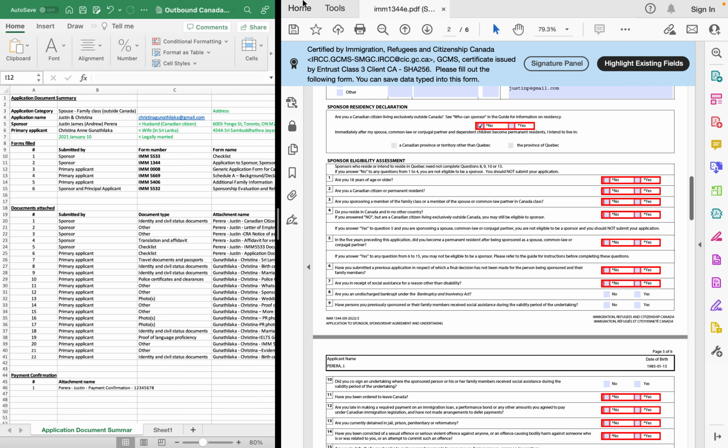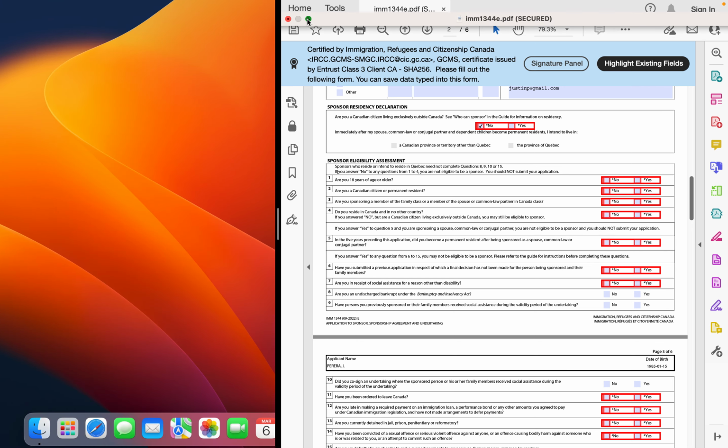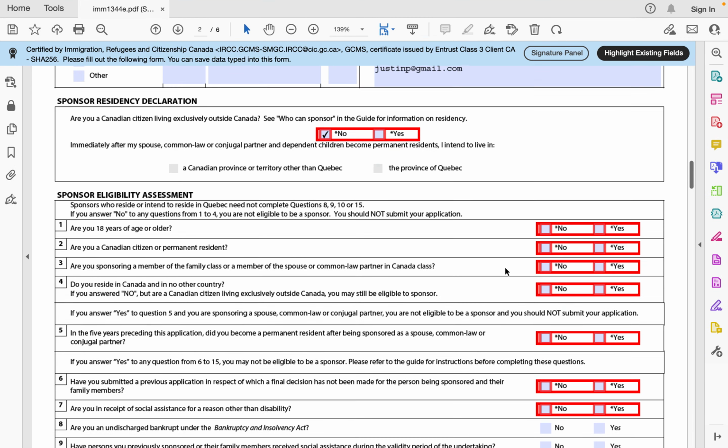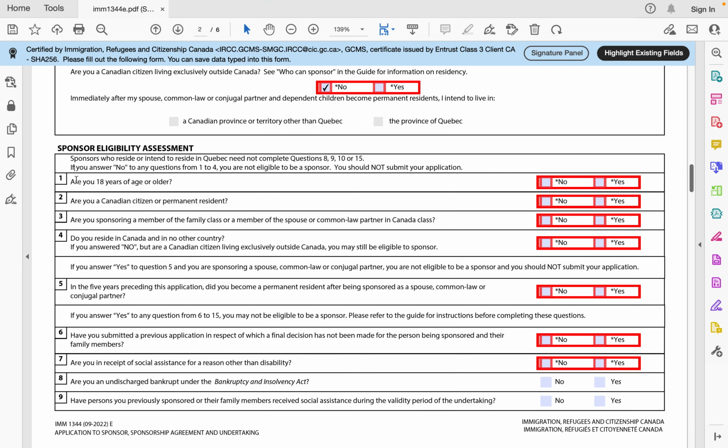Okay. Now let me enlarge this one so we get a clearer view of it. Are you 18 years of age or older? It was the case. Are you a Canadian citizen or permanent resident? Yes. Are you sponsoring a member of the family class or a member of the spouse or common law partner in Canada class?